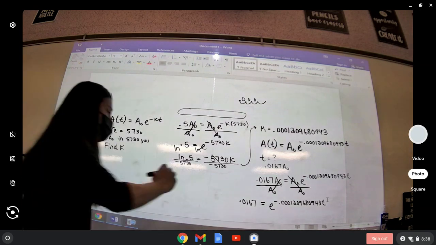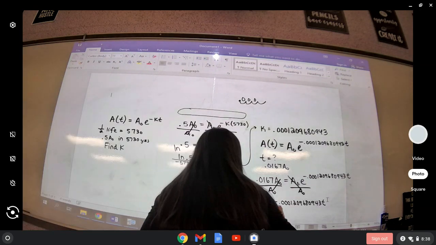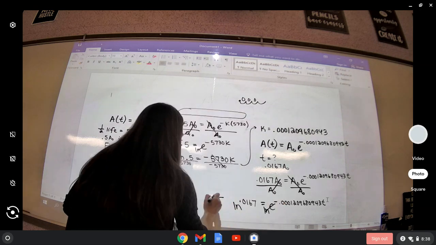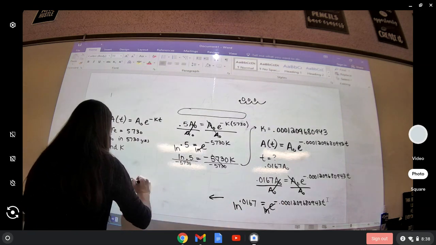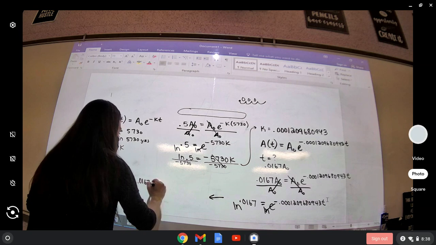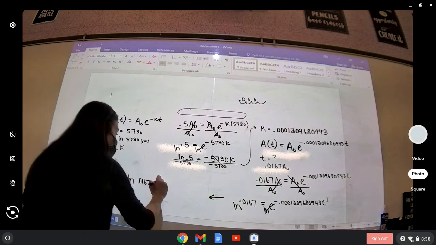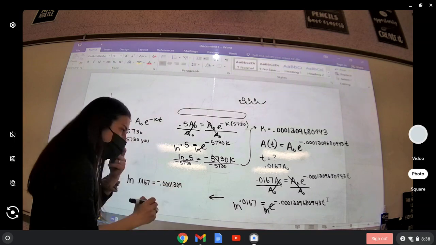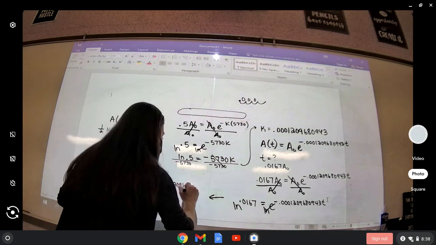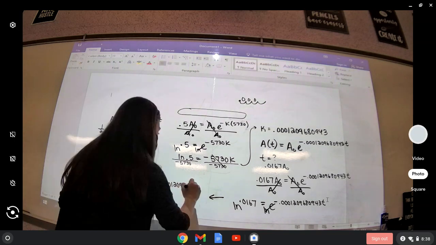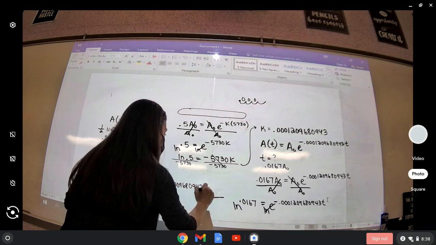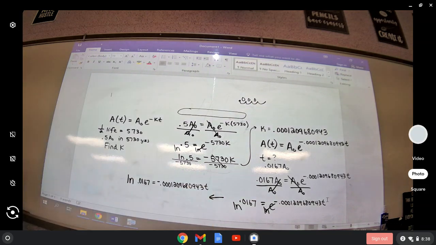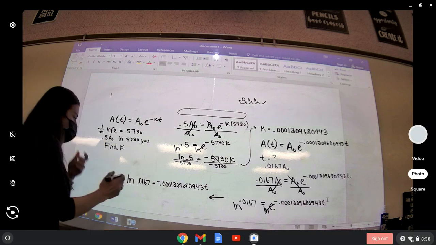And then natural log both sides. And then divide by negative 0.000, so on.